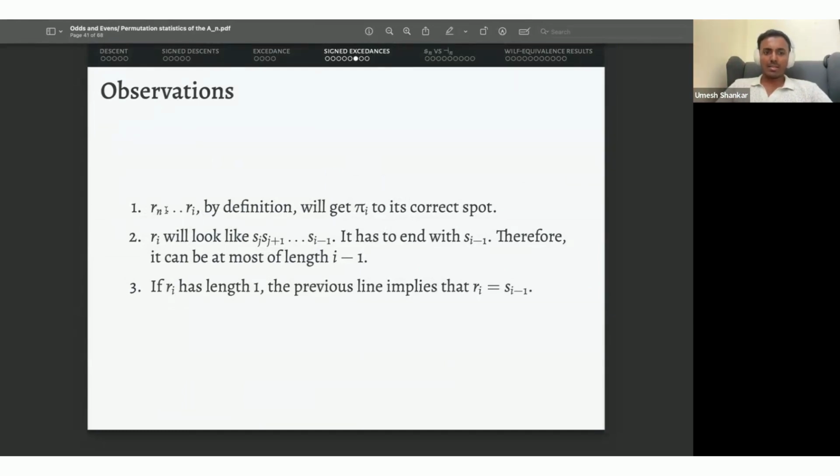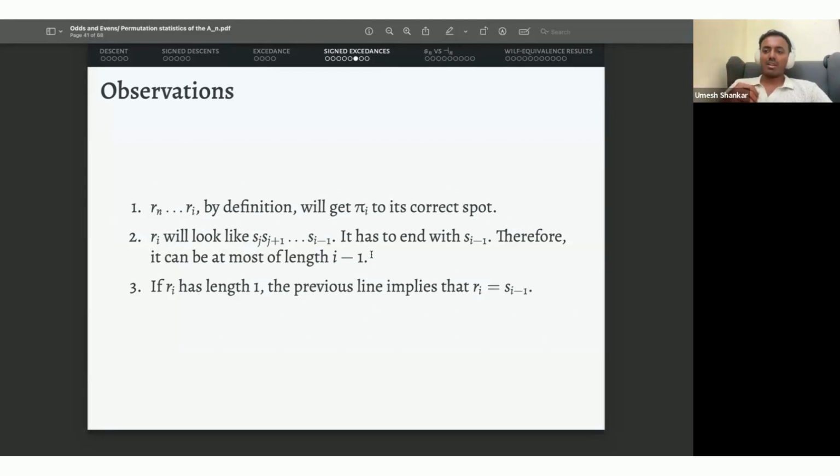When we further multiply by R_(n-1), it gets the last two letters matching. So when we multiply all the way up till R_i, you get the last n minus i positions matching. The second observation is that R_i will be of a particular form. It will start at some S_j and go unbroken till S_(i-1), because we take some letter and move it all the way to its correct position.